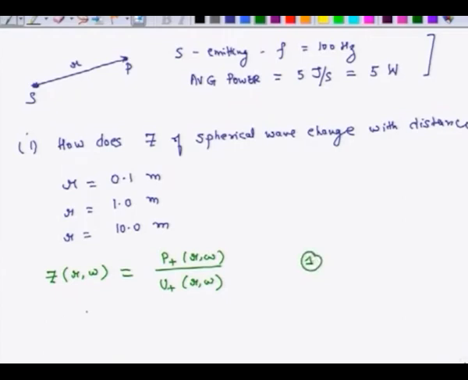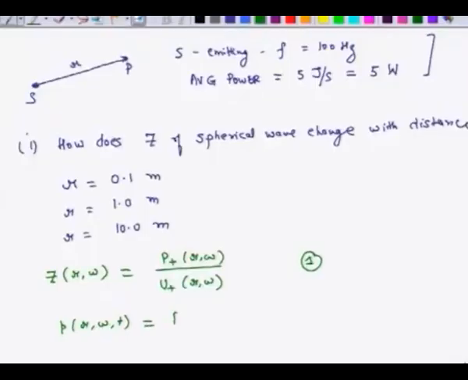Now, we know that pressure, in lower case p, is a function of r, omega and t. So, this pressure changes with respect to radius, it changes with respect to angular frequency, and also it changes with respect to time.